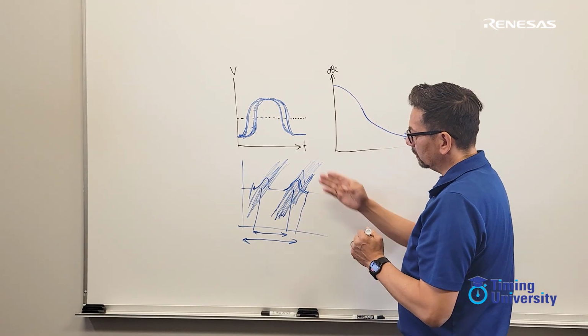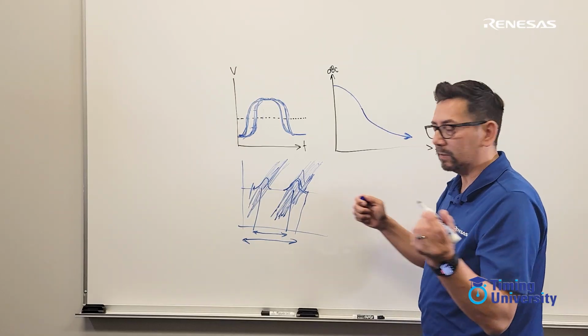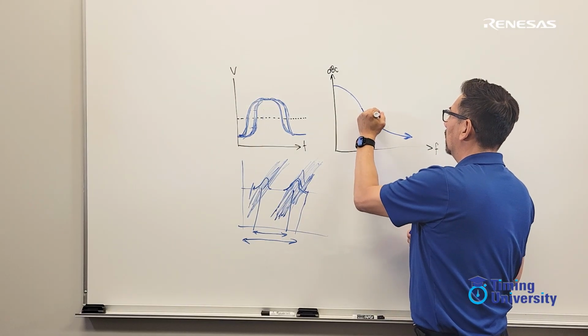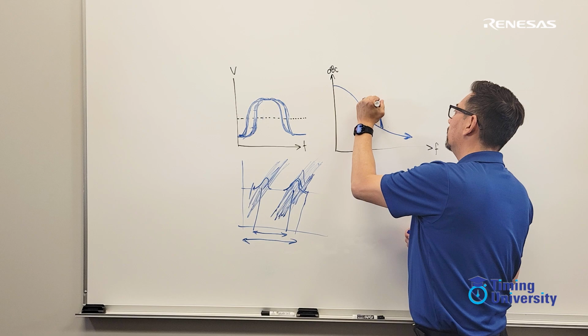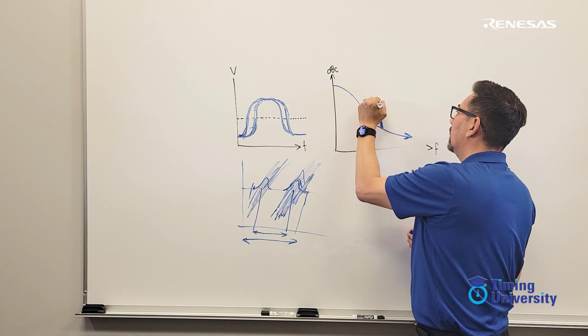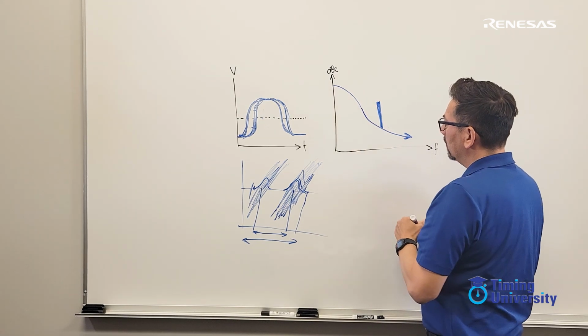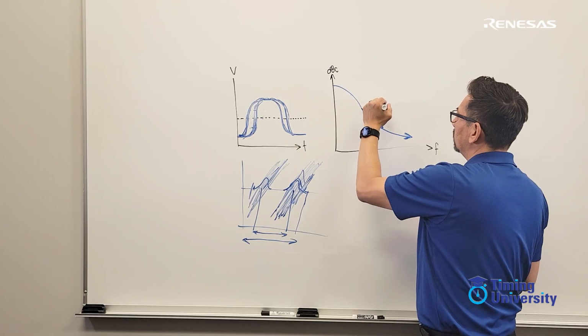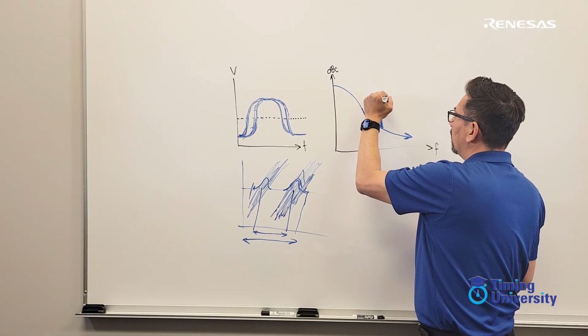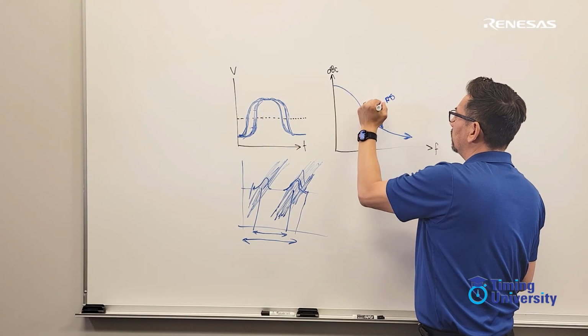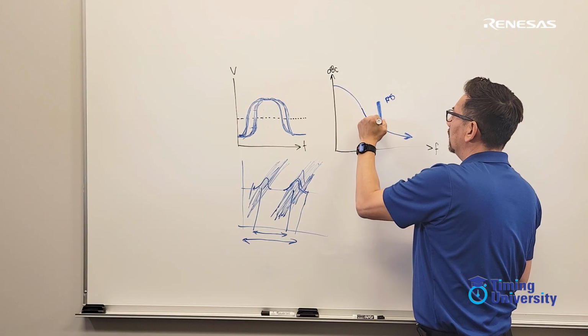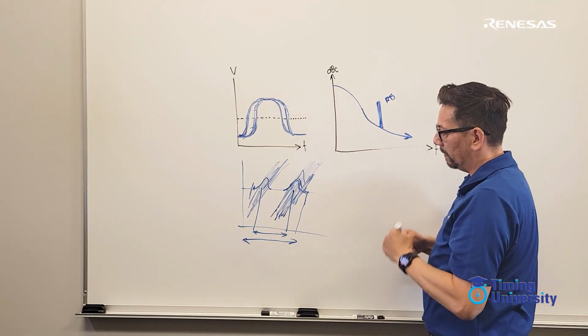So that's how it shows up in the time domain. In the frequency domain, it's simply a spur. And depending on the phase noise analyzer you have, it can also quantify how much RMS noise, or phase noise, is contributed by this spur.